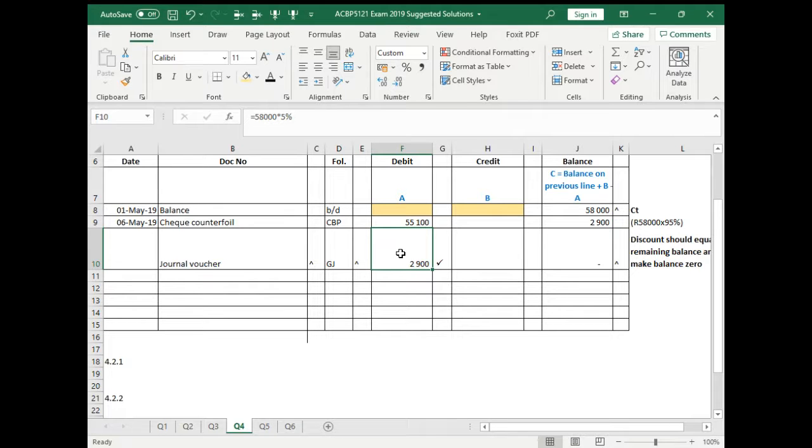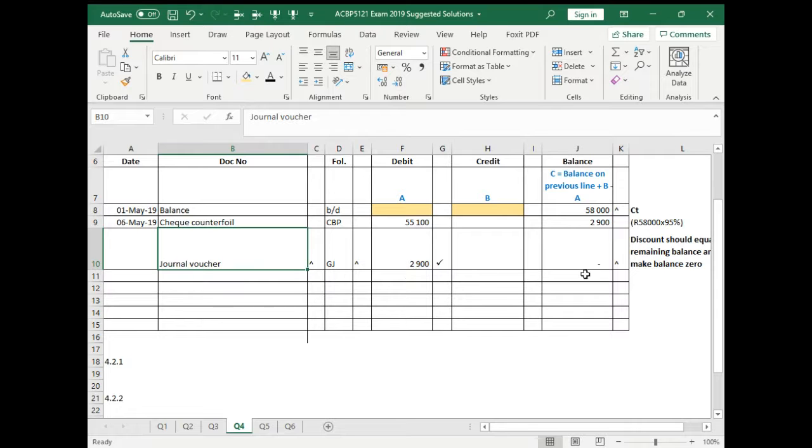Now to check if you've worked it out correctly, you could also take the 58,000 and multiply it with the 5% that was provided. Now when we receive any discount, which is not a physical payment, we will capture that in our general journals by way of a journal voucher. Okay, so your document for any discounts or any write-offs is a journal voucher which relates to the general journal.